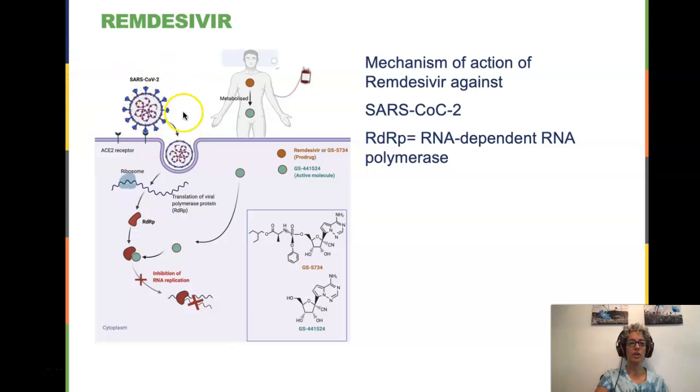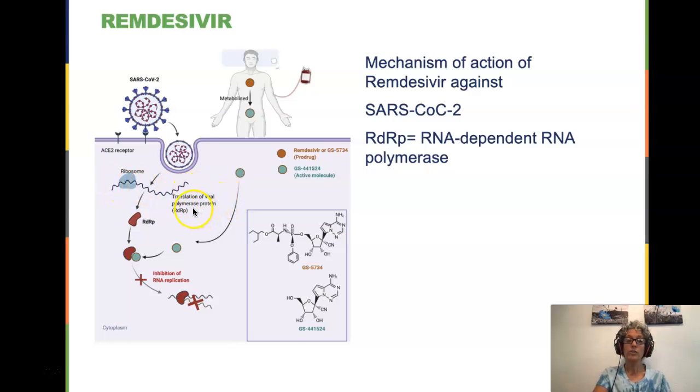This is the SARS virus that causes COVID-19. It is an enveloped virus, so when it binds to an ACE2 receptor on our cells, the whole thing gets taken in, and its RNA genome is released into our cells. Normally, the ribosomes would translate that into viral proteins.